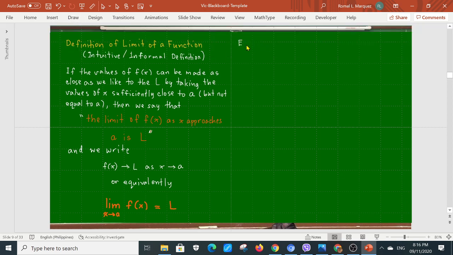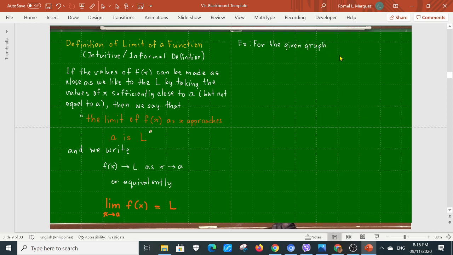Exercises. So, another example. For the given graph of the function, let's say you will be given a graph.